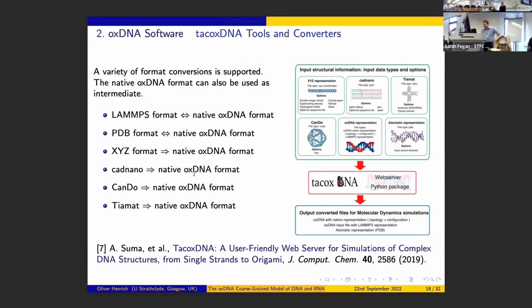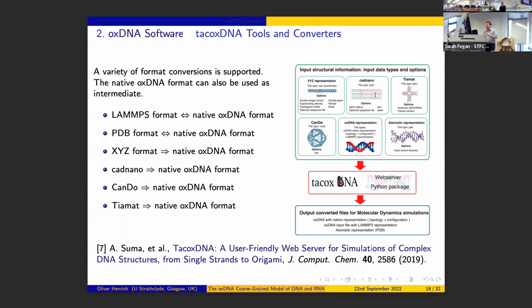And then there are these DNA nanotechnology formats like Nano and CanDo, and I think Tiamat is another one. So there's a whole range of those. These are the most important ones, I think, for DNA origami. I think here this Nano is for DNA origami.